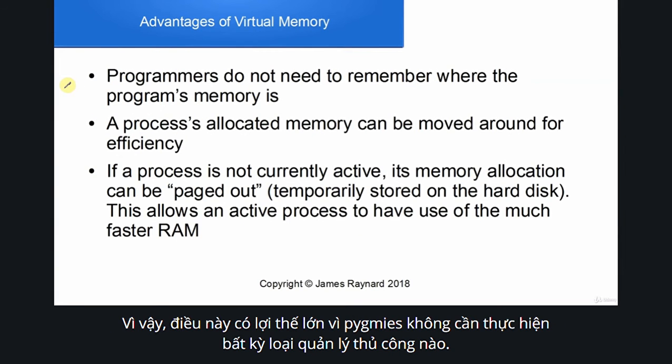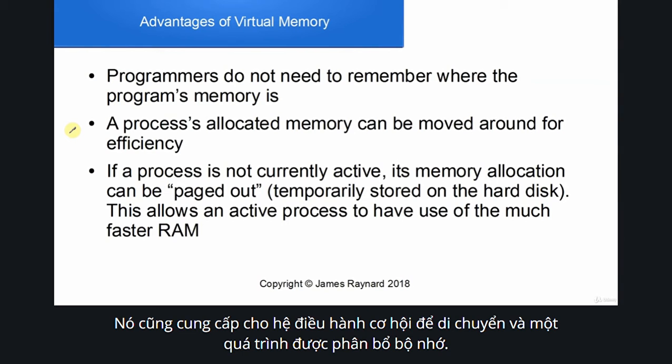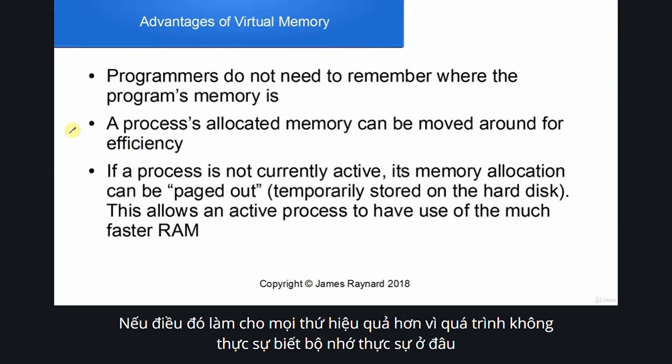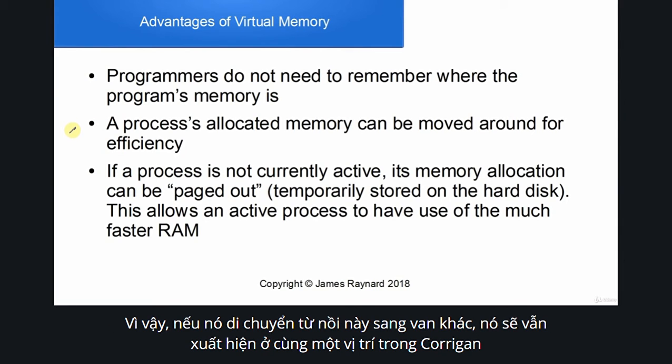So this has a big advantage because programmers don't need to do any kind of manual management. It also gives the operating system the opportunity to move around a process's allocated memory, if that makes things more efficient, because the process doesn't actually know where the memory really is. So if it's moved from one part of RAM to another, it'll still appear to be in the same place in the program's virtual memory.